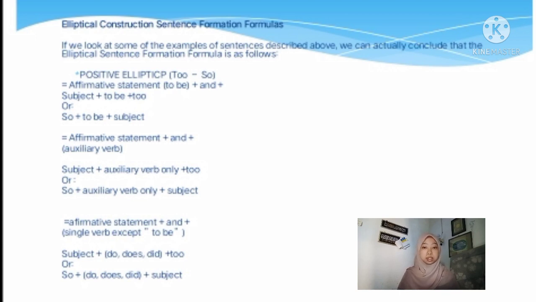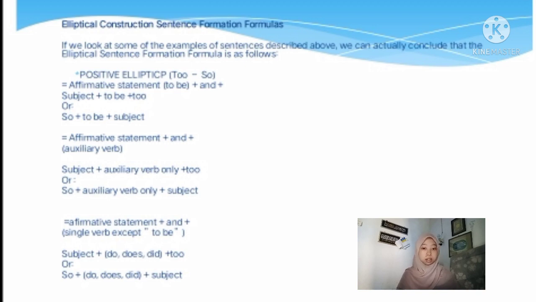Elliptical construction sentence formation formula. If we look at some of the example sentences described above, we can actually conclude that the elliptical sentence formation formula is as follows. 1. Positive elliptical, too and so. Affirmative statement, to be plus and plus subject plus to be plus too, or so plus to be plus subject. 2.